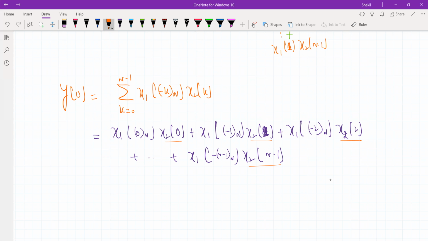Remember, this is very, very important. So let me use the red marker here. So in general, if we have any signal x of minus m modulo n, how do I write this? What you do, you simply add n to this argument, then this will give you that sample actually.